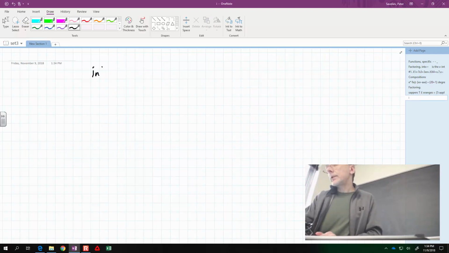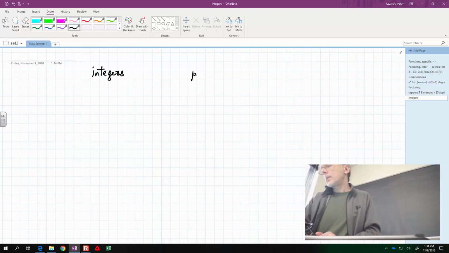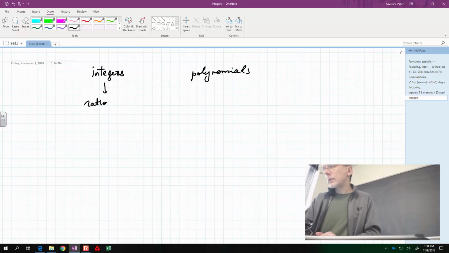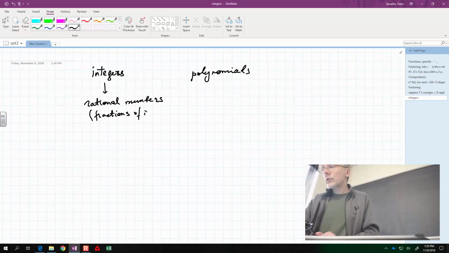Those are simply fractions, fractions of integers.